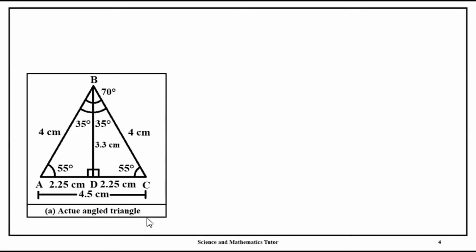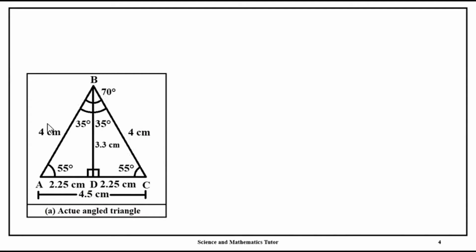So let us take our next example, an acute angle triangle. When we consider this acute angle triangle ABC, it consists of angle A 55 degrees, angle B 75 degrees, and angle C 55 degrees, and its sides measure side AB 4 centimeters, side BC 4 centimeters, and side AC 4.5 centimeters.